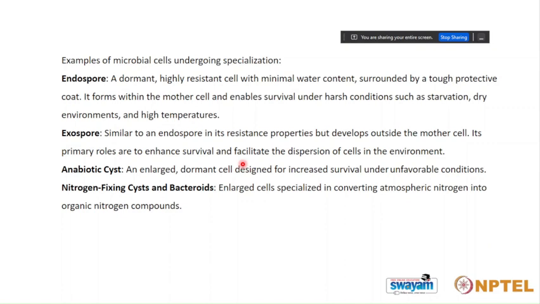After differentiation, they will be converted into endospore or exospore or anabiotic cyst or nitrogen-fixing cyst. In proliferation, bacterial cells will be multiplied. After multiplication, due to unfavorable conditions, these bacterial cells can be differentiated into endospore, exospore, or an anabiotic cyst or those kinds of cysts and bacteroids. Now are you getting the point?